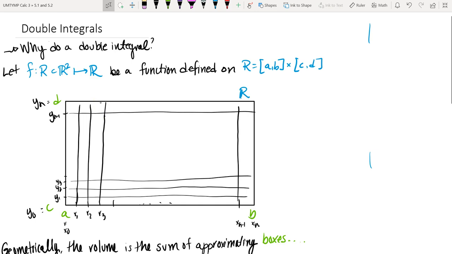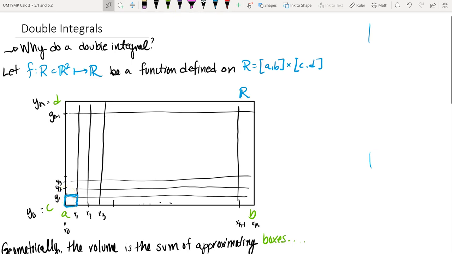So I have a grid, in essence, of my rectangle. This is just the two-dimensional plot, but remember, this is all underneath the surface that I'm looking at. Let's say I'm looking at this lower left-hand box, and I'll color it so we can see.